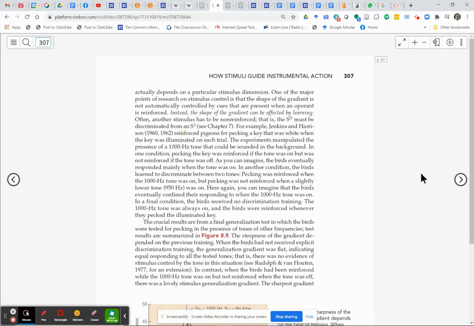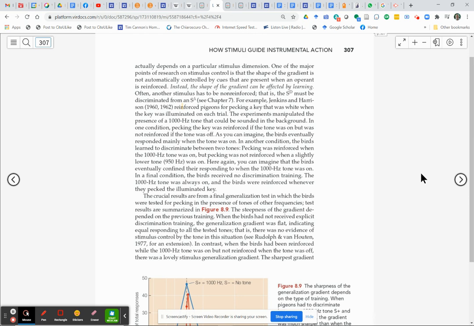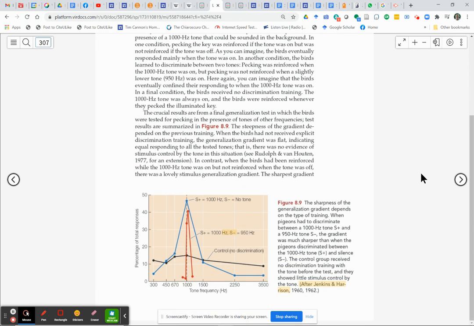And here we have pigeons and different frequency tones, and you have an S plus of 1,000 hertz and an S minus of 950, and you can see that the tuning curve, the generalization curve, is very sharp.